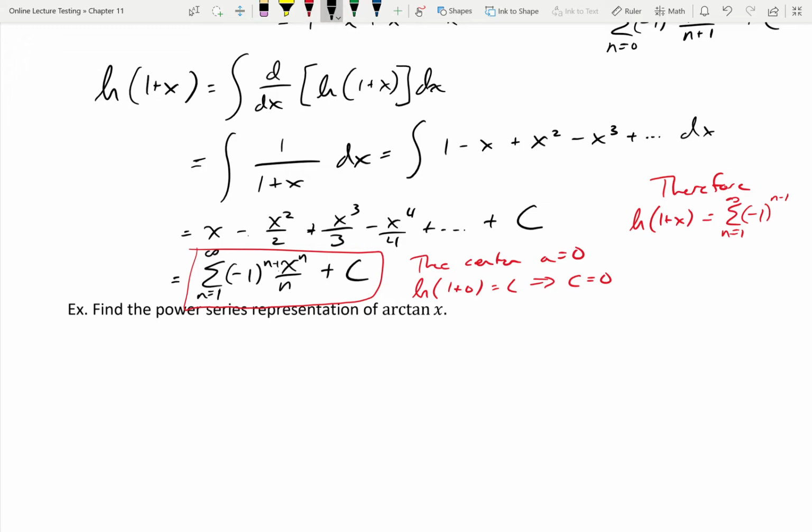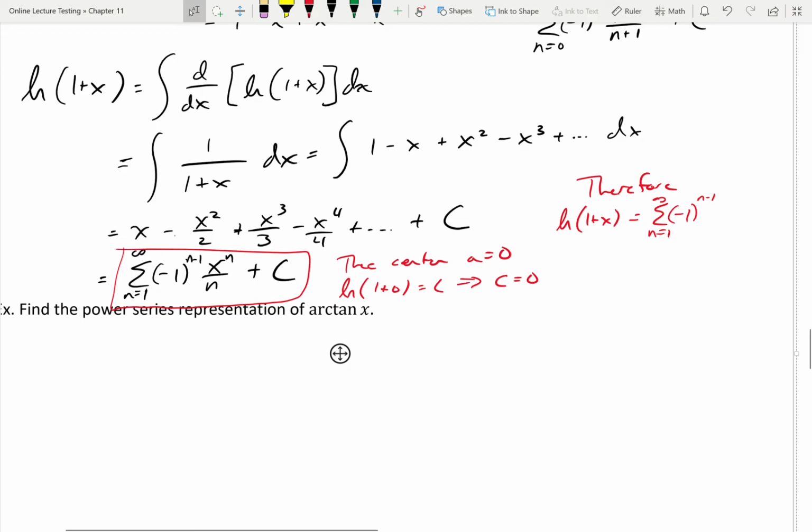Minus 1 here, because notice that we have to start with a positive. Negative 1 to the n minus 1, x to the n over n. And again, our radius of convergence is 1.